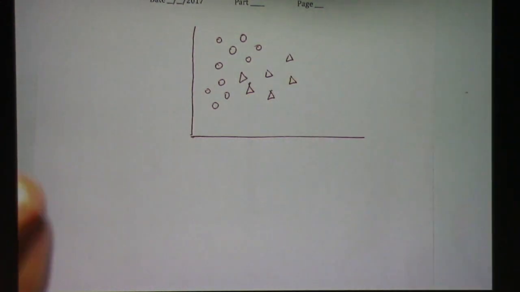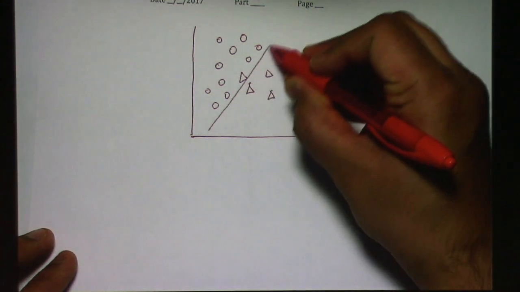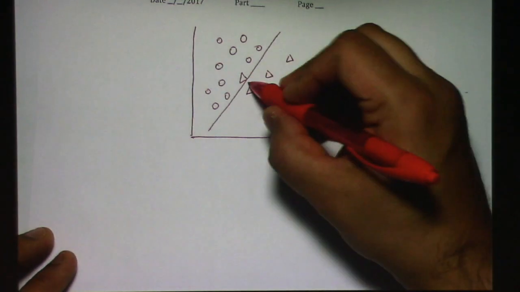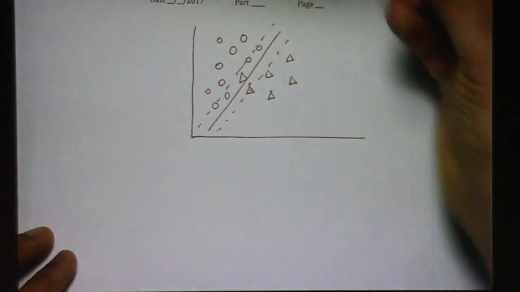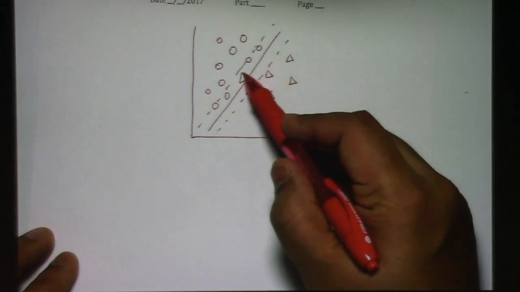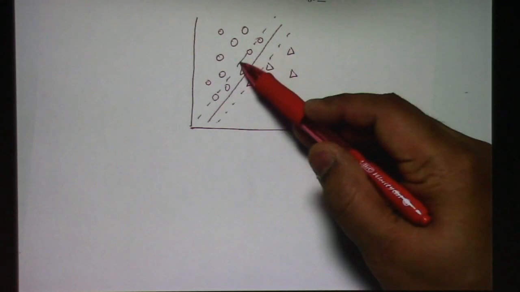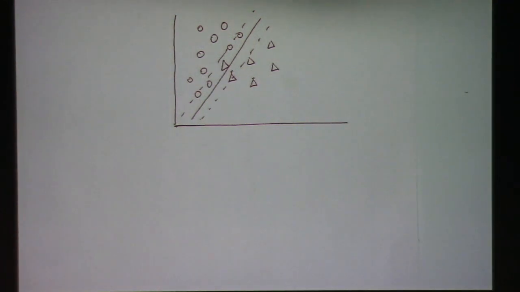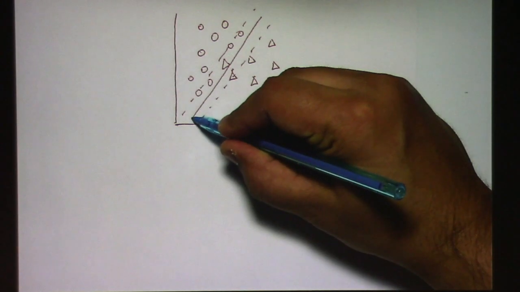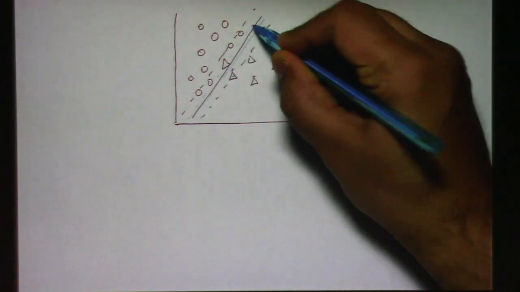So what this new formulation will do is that it will draw a line, and then of course there will be some margin. And then some points will be on the wrong side of the margin, right? So the idea is that it can either draw this as the line and this as the margin, or it can draw maybe a slightly different line and a little bit of a smaller margin, right?